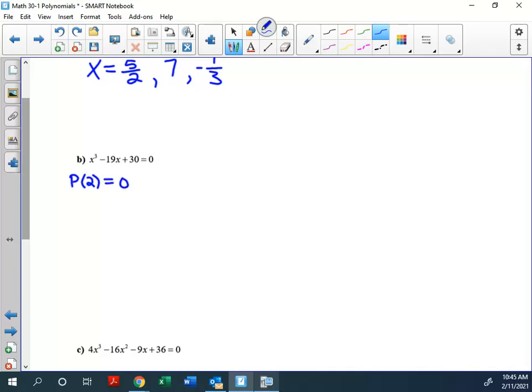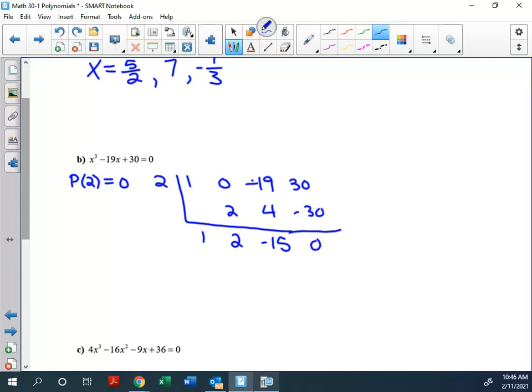I've now used the factor theorem. I've now proved that that's a factor, and I can go ahead and jump into my long division. Drop, multiply, add, multiply, add, multiply, add.